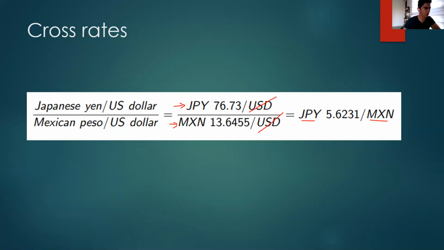So in this case, Japanese yen over dollar and Mexican peso over dollar, both dollars are on the denominator. And then when you divide, just make sure that you keep the currency on top, yen on top, and the one that is at the bottom. So it's very, very easy. This is the conceptual explanation. Let me make a new video with some practice.